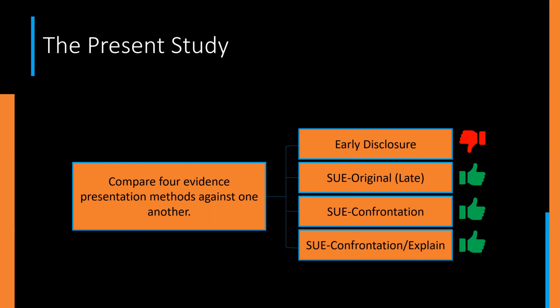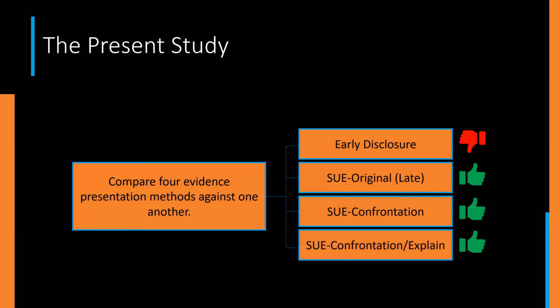SU confrontation involves the interrogator incrementally presenting evidence throughout the interrogation. And anytime the interviewee makes a statement evidence inconsistency, the interrogator points out that inconsistency. SU confrontation explain involves the interrogator, again, presenting evidence incrementally throughout the interrogation, pointing out statement evidence inconsistencies.